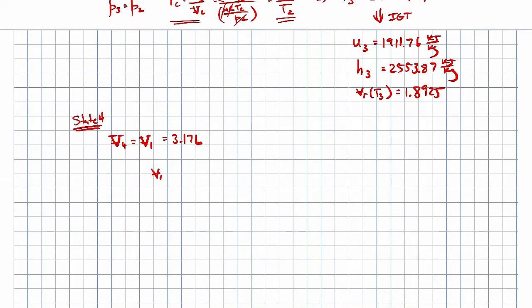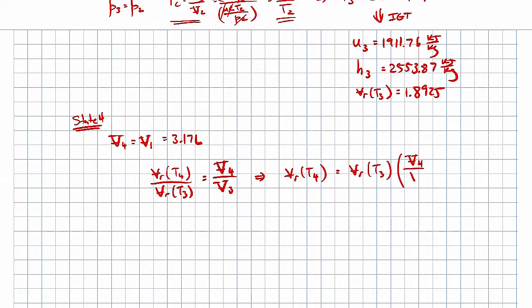So VR at T4 over VR at T3 is the volume at 4 over the volume at 3. And so we can rearrange that to find the relative volume at state 4. This relative volume at T3 we just looked up in the table moments ago.